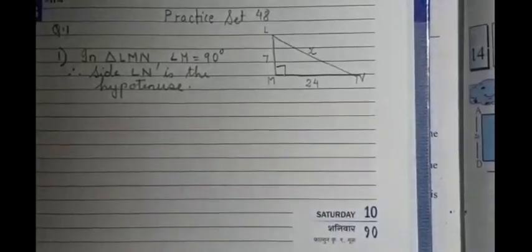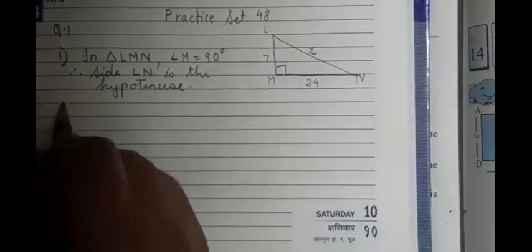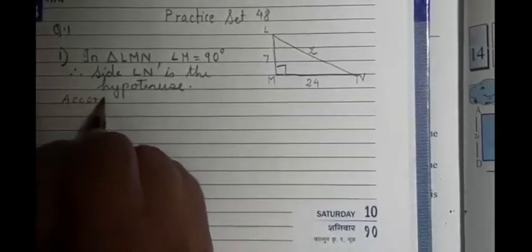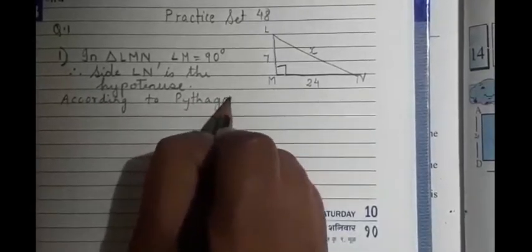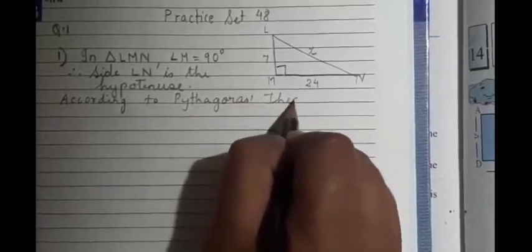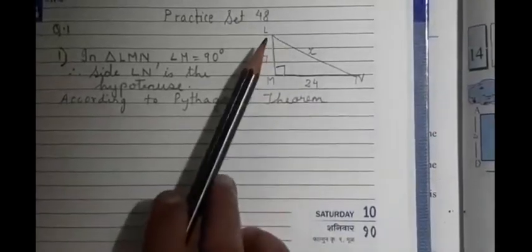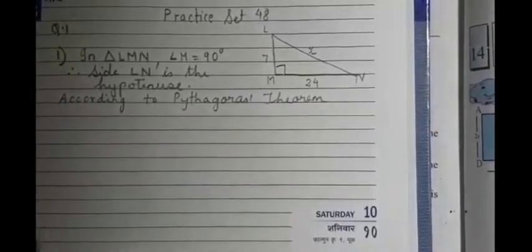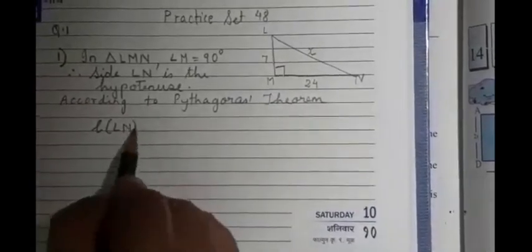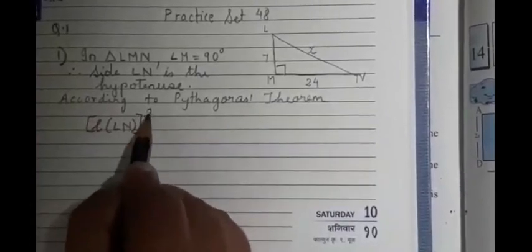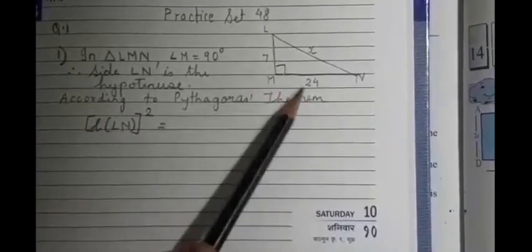Now, if it is a hypotenuse, can we use Pythagoras theorem? Yes. According to Pythagoras theorem, hypotenuse square, that is length LN square, is equal to the sum of the squares of the other two sides.